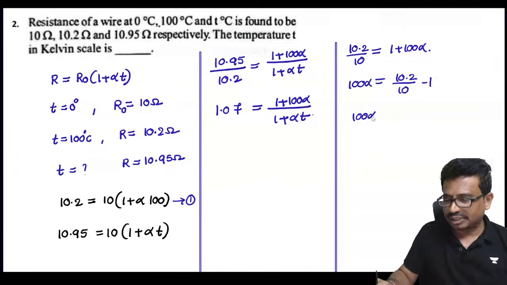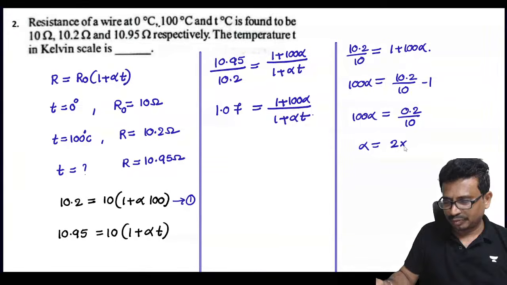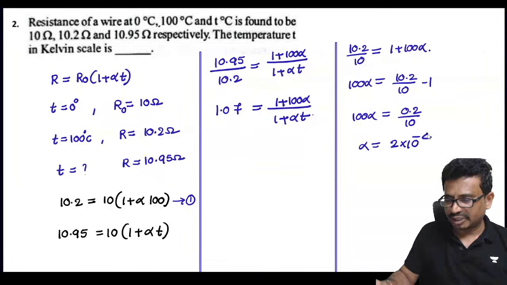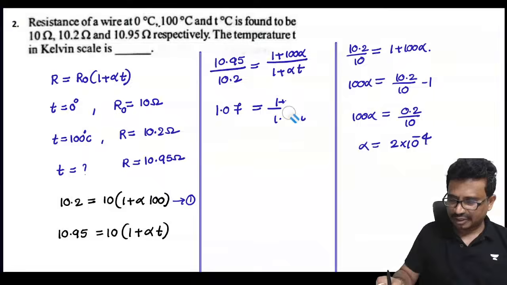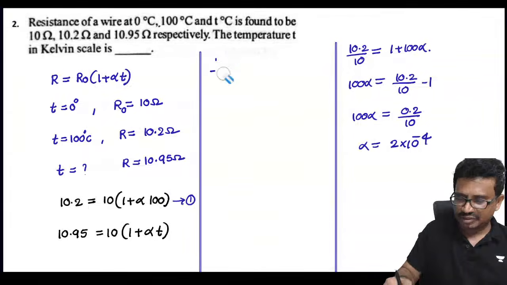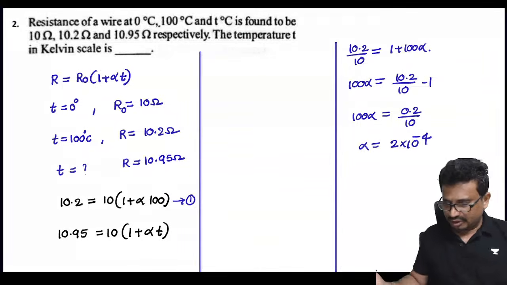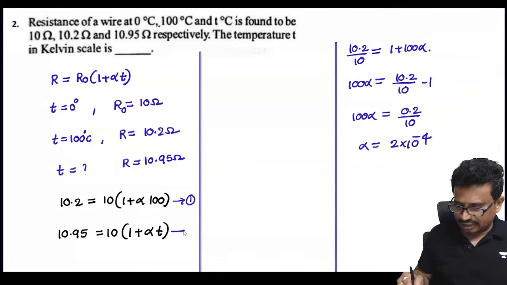So 100 alpha equals 0.2 by 10. That means alpha equals 2 into 10 power minus 4. Once you have it, we'll use the second equation to get the T value.